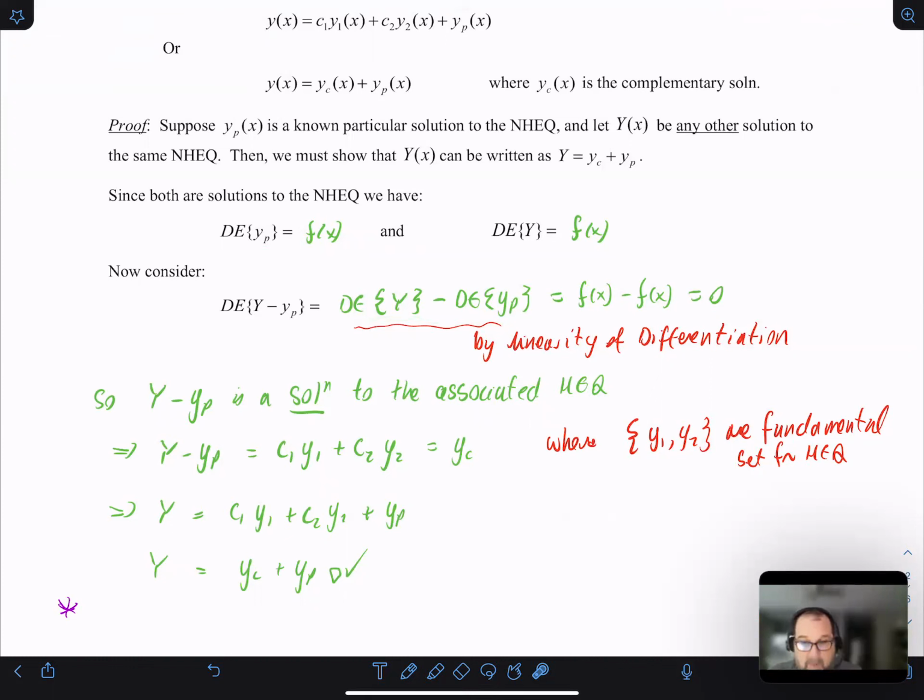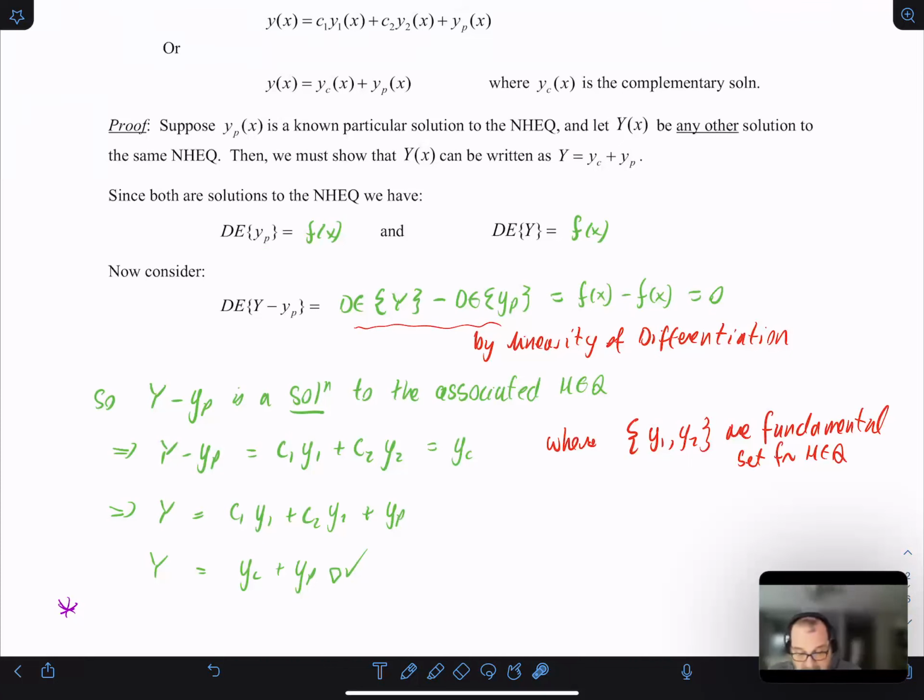Remember, all that is required here to plug in to the DE is differentiation. Differentiation is linear. That is, you can differentiate term by term. So I can do derivative of Y minus derivative of y sub p. So when we do that, clearly we get f of x minus f of x equals 0.